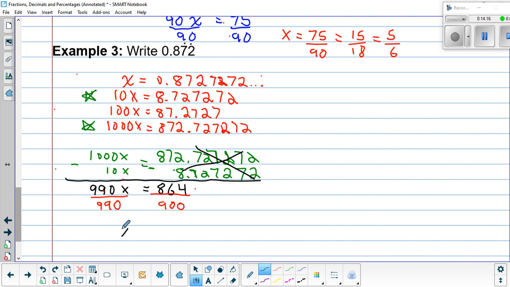So we can then continue on simplifying. So even though it looks really difficult, like I said, with really difficult problems, to simplify them quickly and painlessly, just divide by 2. Because then we can find that that is what, 432 over 450.